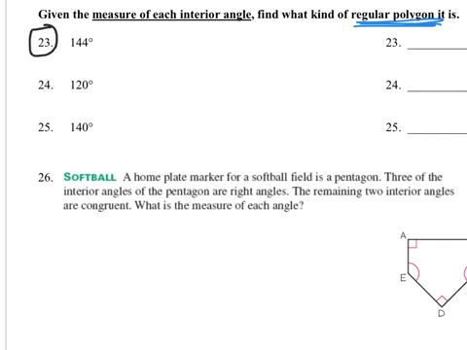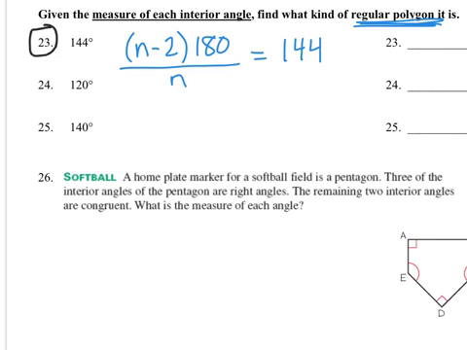So we want to use the same formula we had: n minus 2 times 180 divided by n. This one gives us the measure of each interior angle of a regular polygon. And then we want to set that equal to what that angle measure is. So in this case, that's 144. And now we have to solve for n.